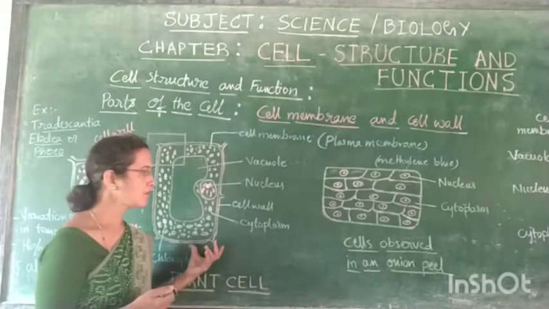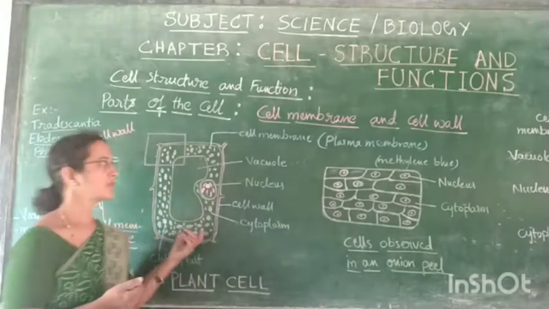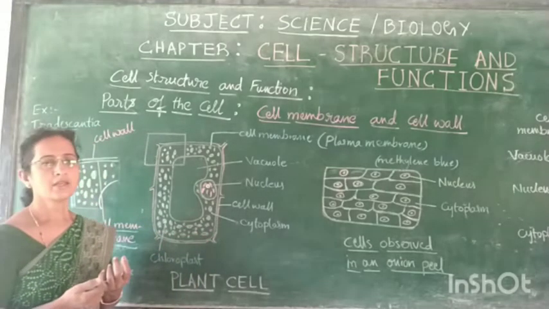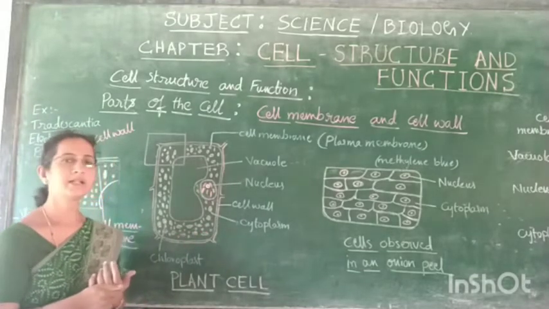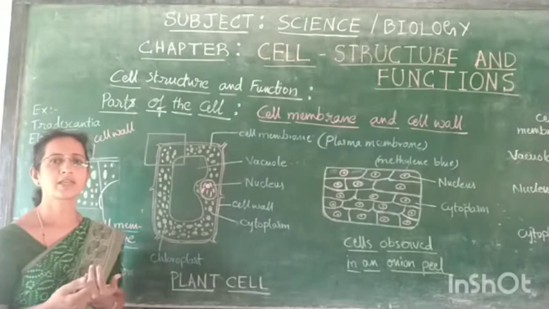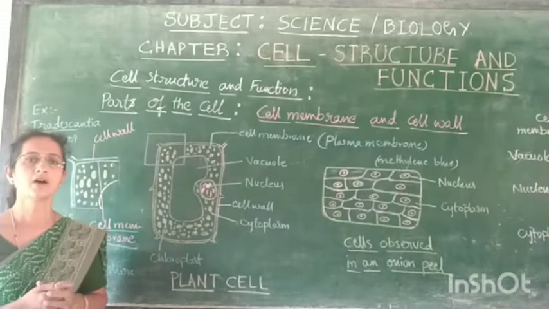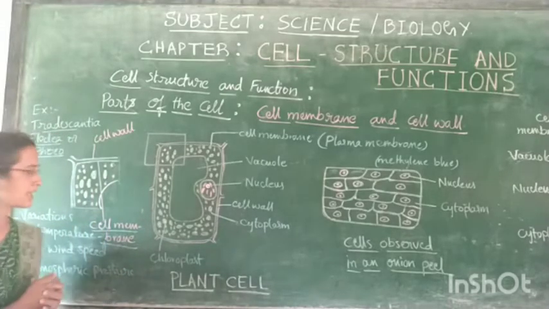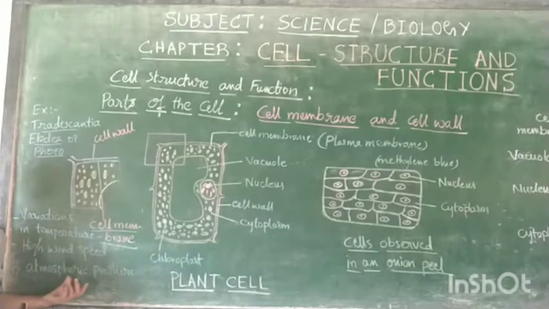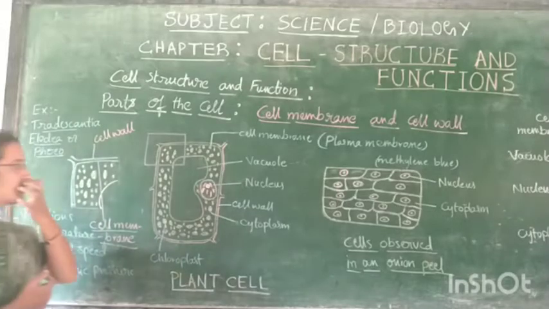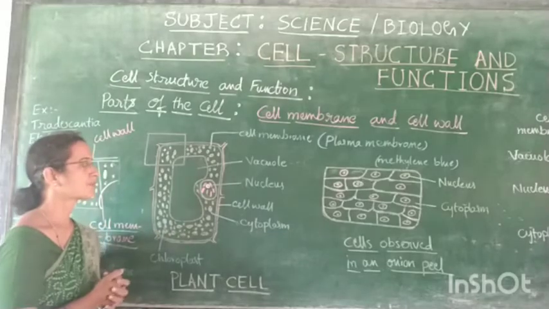So to face all those things, plants need to have a protective wall, and that is called the cell wall. See, animals get protected inside shelters like houses or caves, but plants have to remain all the time in harsh environmental conditions like high temperature, high wind speed or atmospheric pressure. So they have to have a strong covering, that is the cell wall.